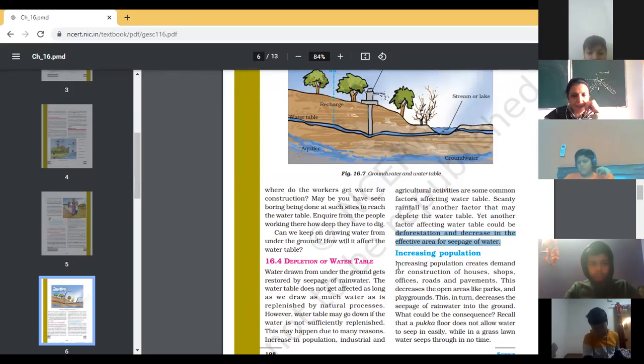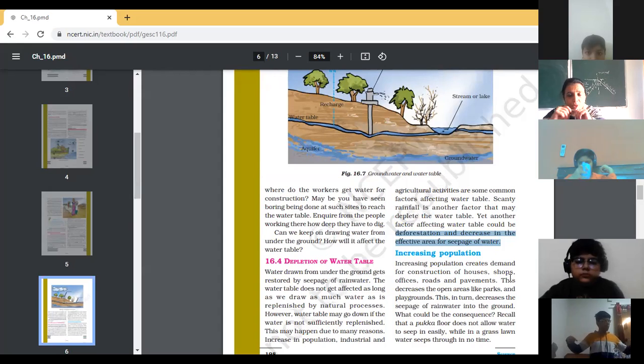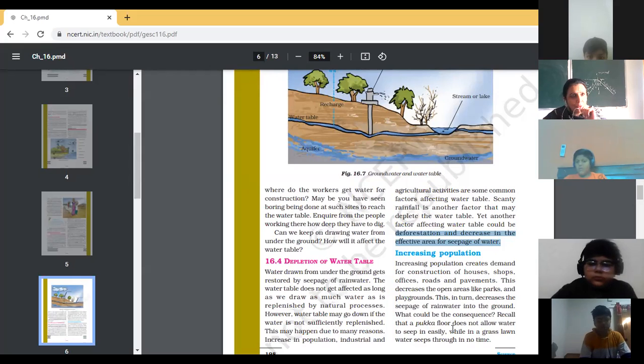So first, the increasing population creates the demand for construction. Beta, you know that if the population is increasing, the demand for houses, shops, roads, offices, everything will increase. And what will happen? The open area will be very less. If a person needs a house, what will he or she do?